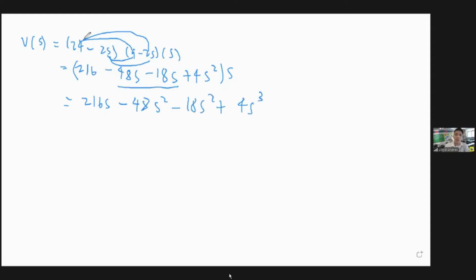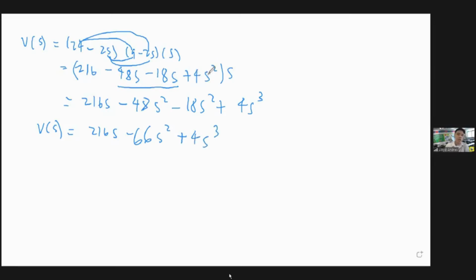Simplifying, our final expanded function is 216s minus 48 plus 18, which we add because they have the same sign, so 66s squared plus 4s cubed. So this is now our function.